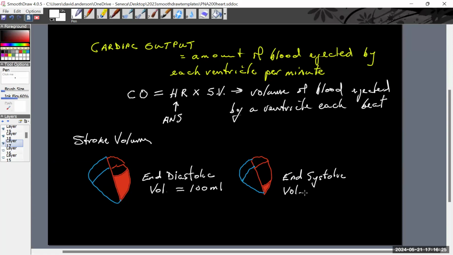Okay, now some people are going to say, well, why wouldn't you just eject everything? If it's so important to deliver oxygen to all the cells in the body, why not just eject the whole 100 milliliters? Does anybody see a problem with doing that?